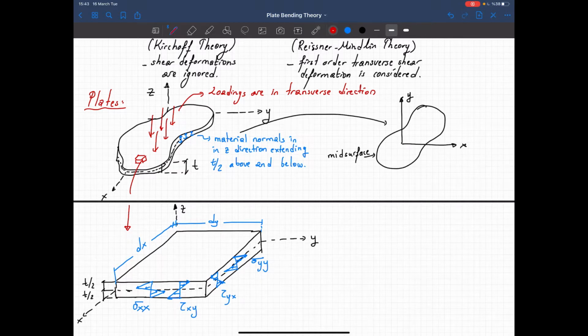And we can also have the vertical shear stresses. And that would be the variation. Shear stress at the x face in the z direction. And let me show it this way. It's in the upward z direction, and that shows the variation. Shear stress on the y face along z direction.